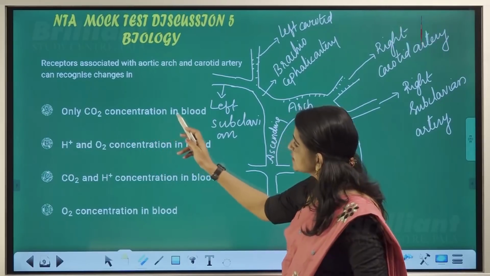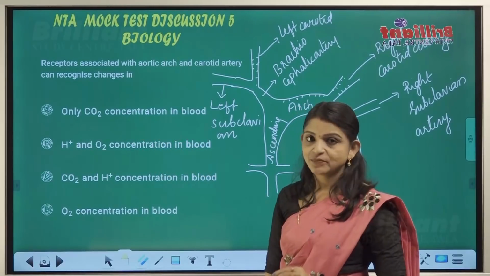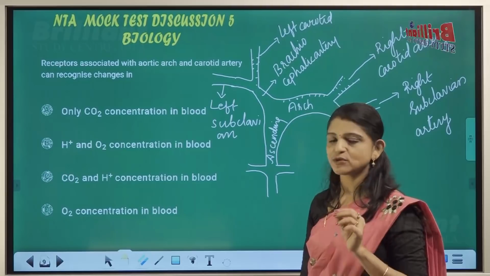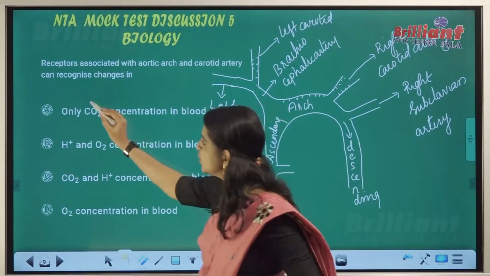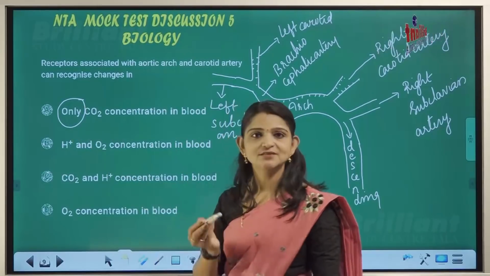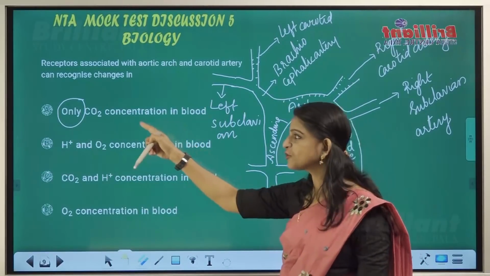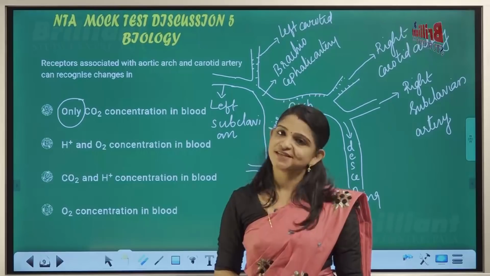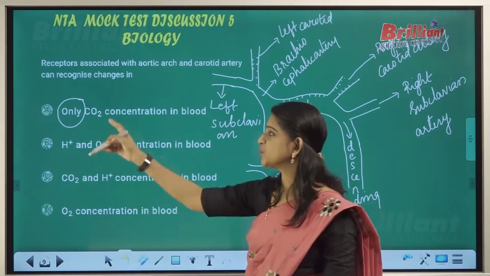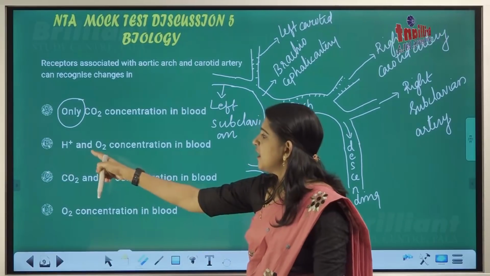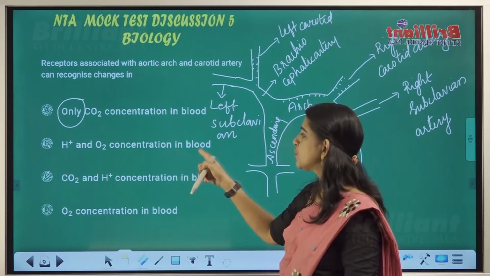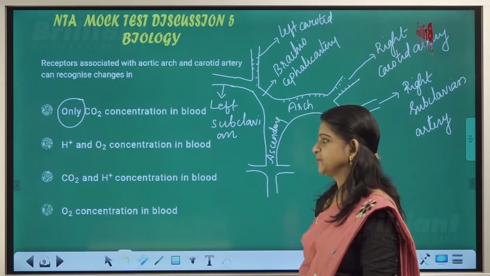Only carbon dioxide concentration in blood. They can detect carbon dioxide concentration, but in the option they are saying only. That's not correct, as they do not recognize only carbon dioxide, so we cannot choose this one. Next one, hydrogen ions and O2 concentration in blood.